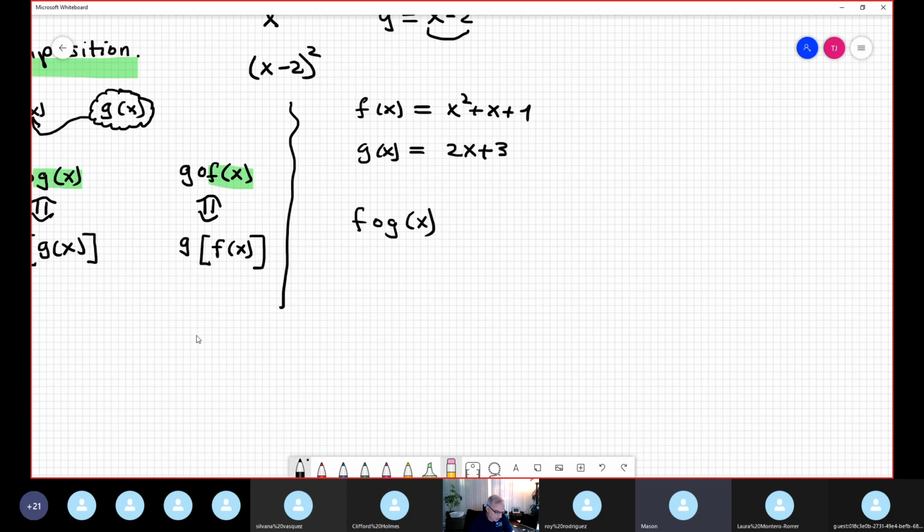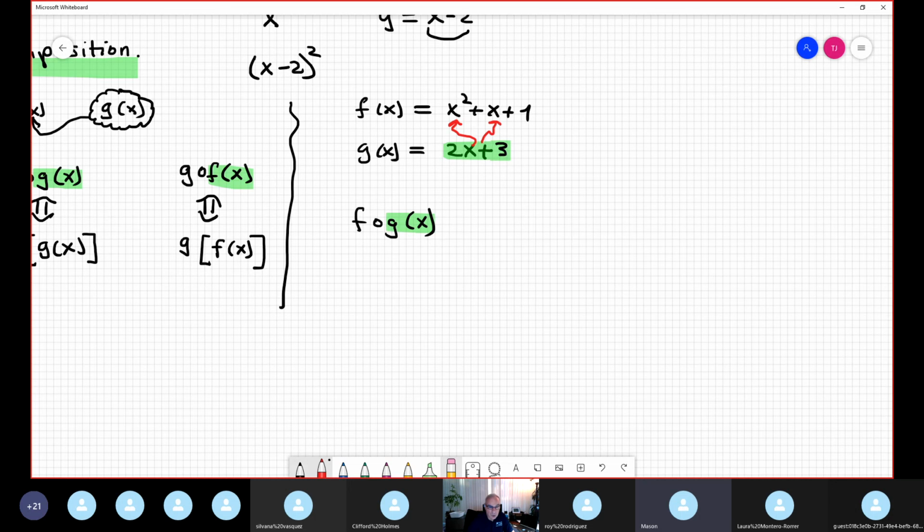Well, okay, I understand in this notation that g is the first function. And this completed function goes inside the f. Here, you replace x for 2x plus 3.